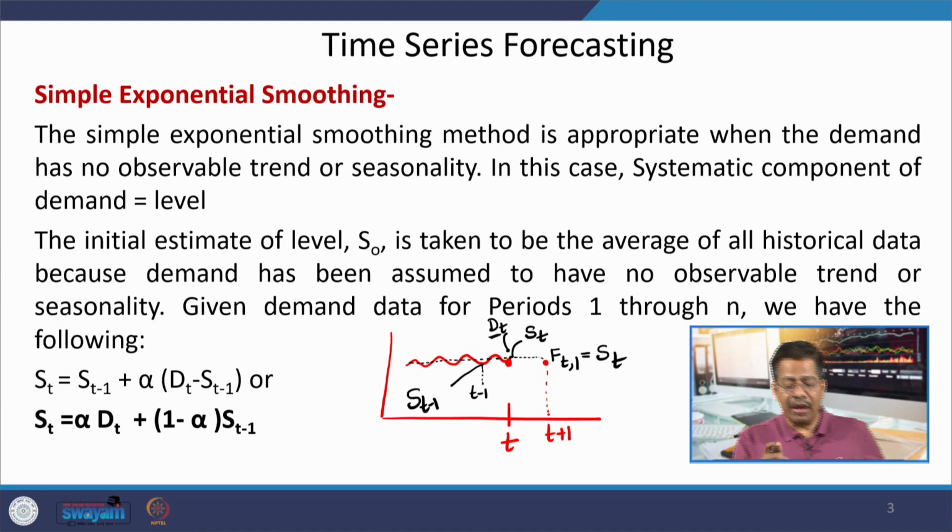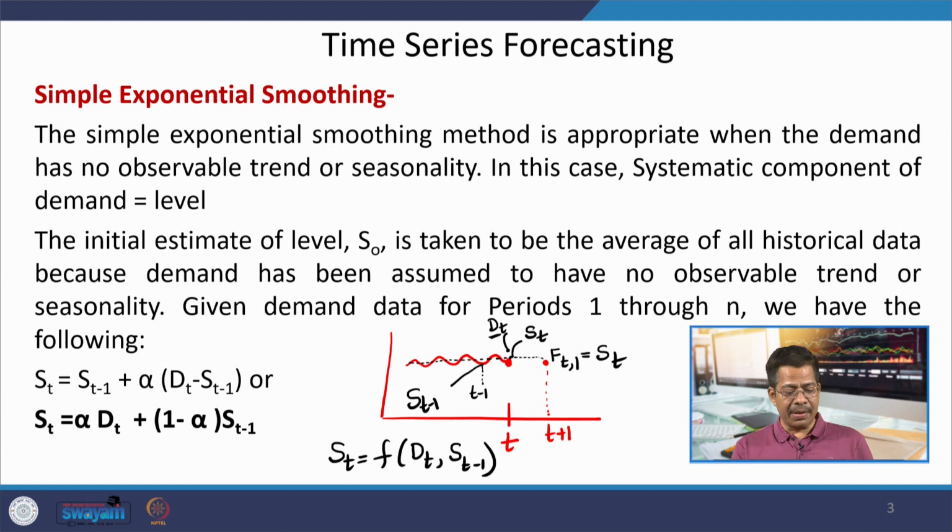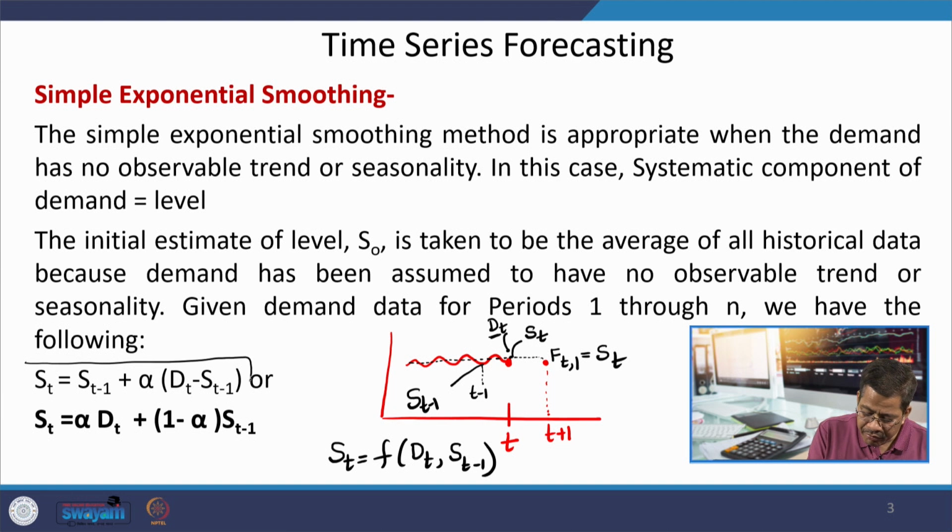So, the current base ST is basically a function of the current demand and the base of the previous period, and this can be represented in this simple equation, where this alpha is a smoothing constant.